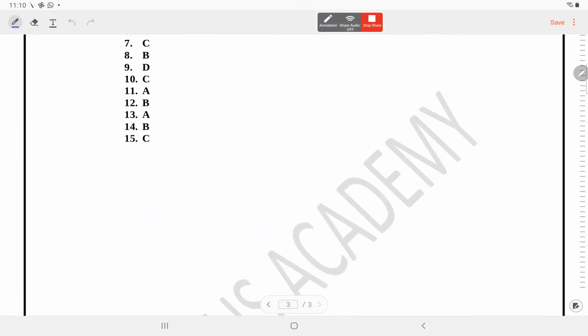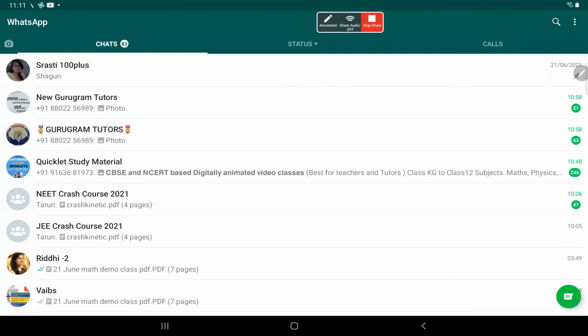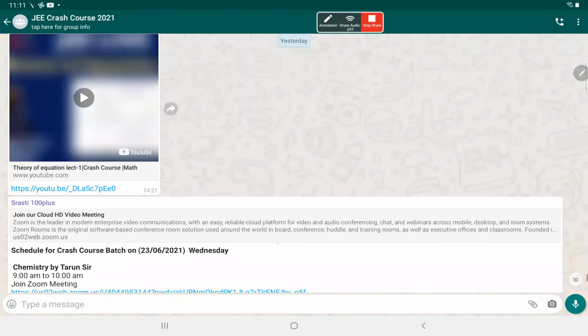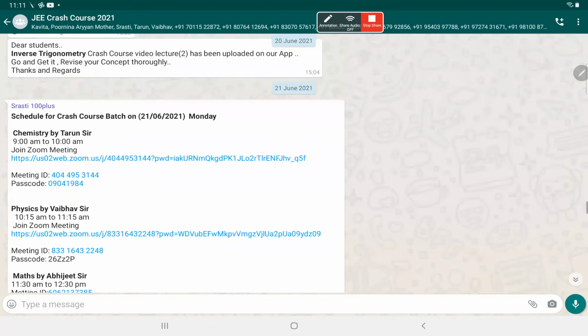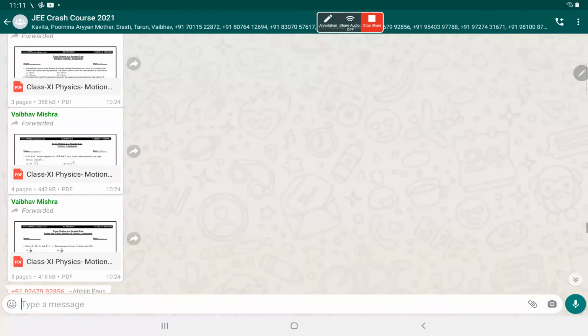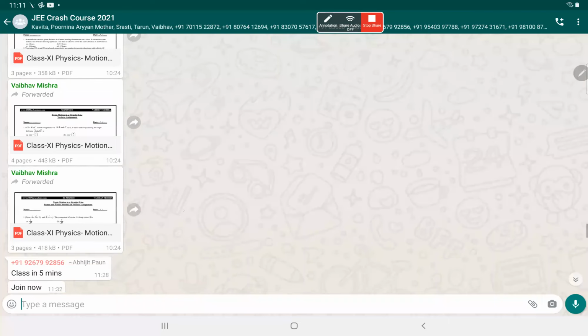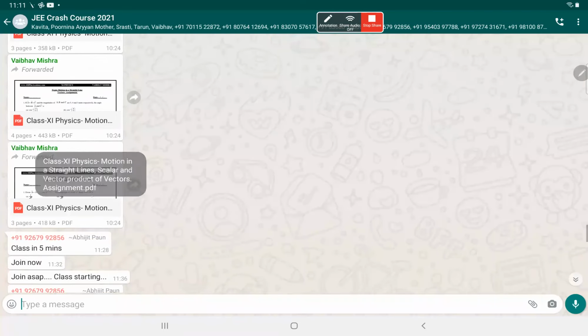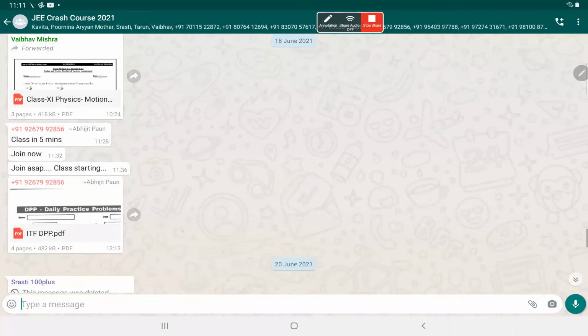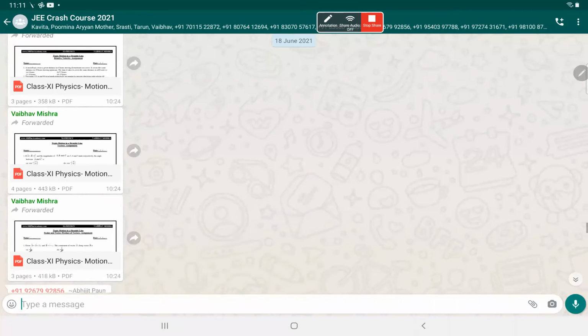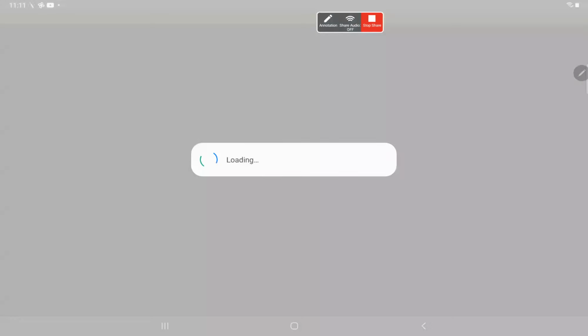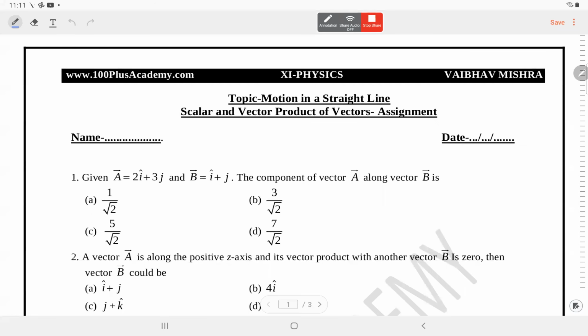One DPP was on this only, on motion in a plane and motion in a straight line. Yeah, this is the vector form.